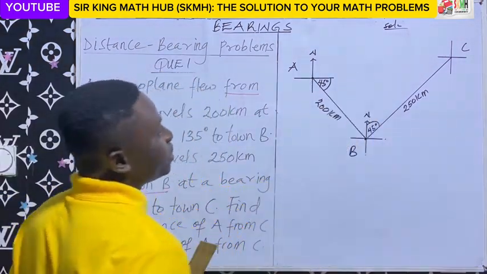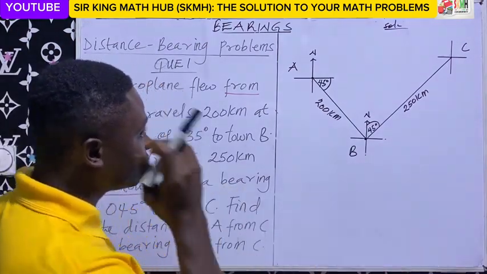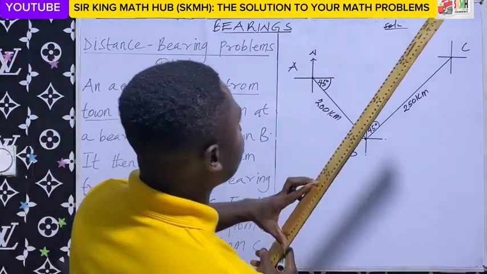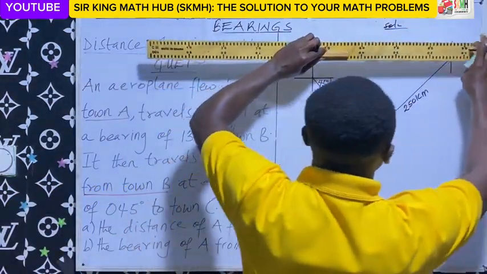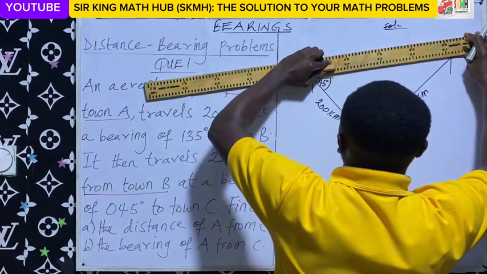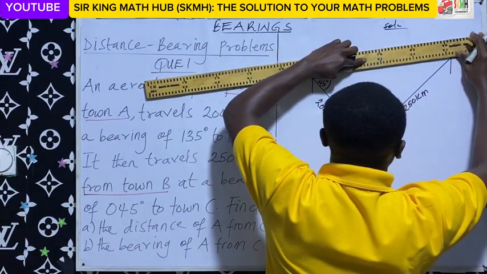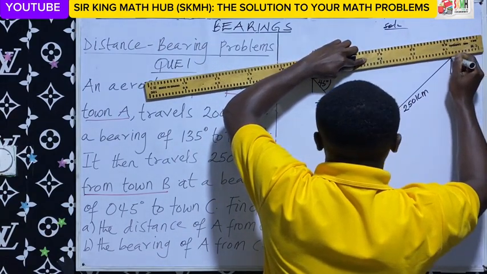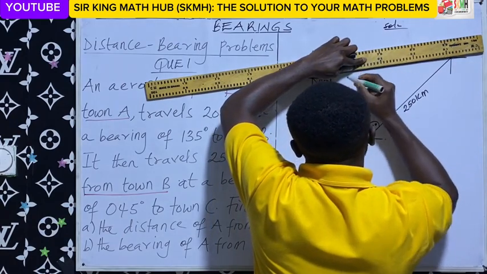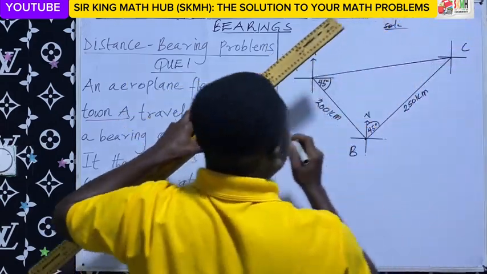So what shape are we seeing? We are getting something like a triangle. How then do we get a triangle out of this shape? We need to join these 2 points, point B and point C. So we have done that.